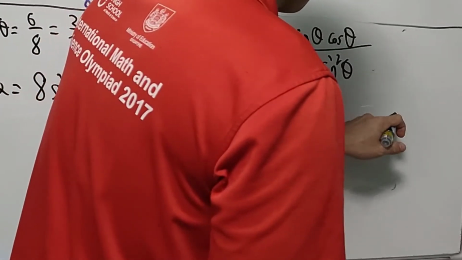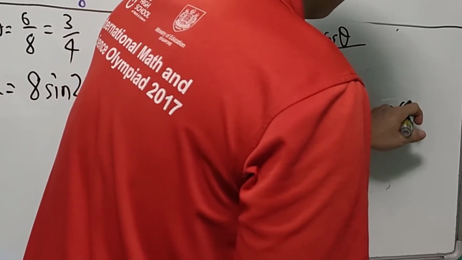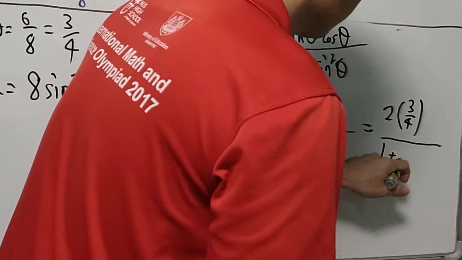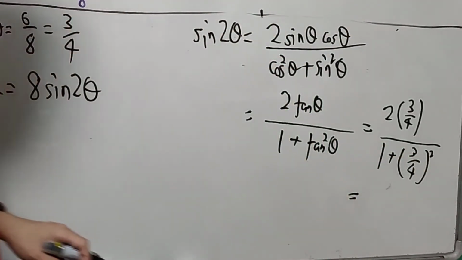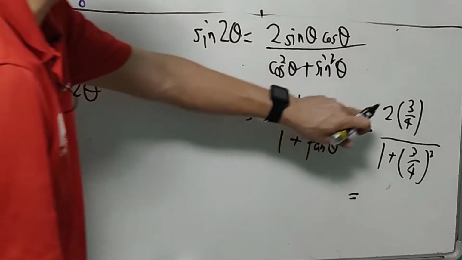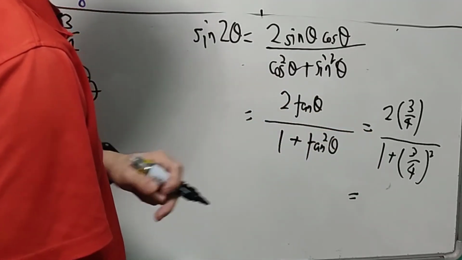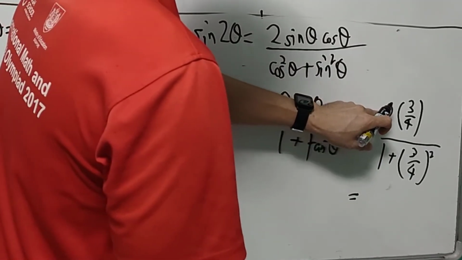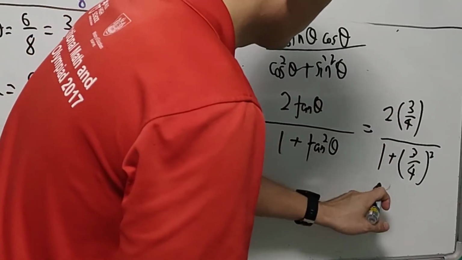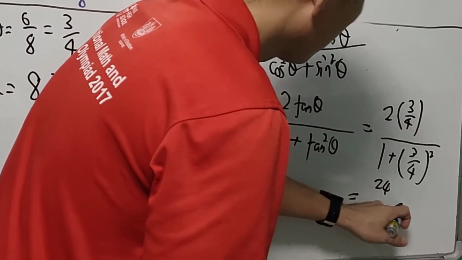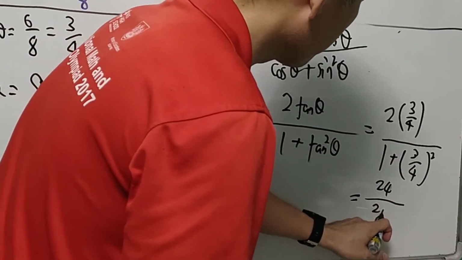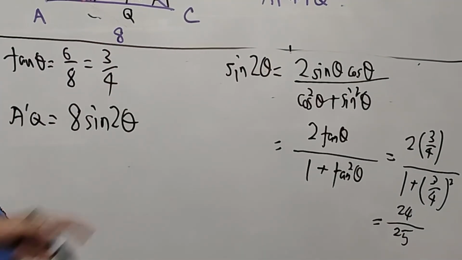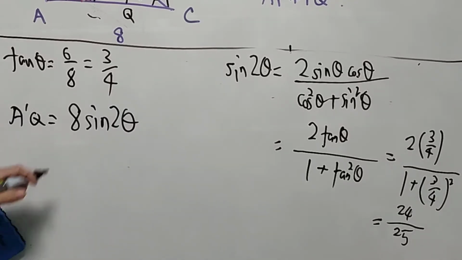Given tangent equals 3 over 4, this is 2 of 3 over 4 and 1 plus 3 over 4 square. Now we can multiply the numerator and denominator by 4 square. So 4 square cancels with 4, that is 24. And for this, 4 square plus 3 square, that is 25. So with this, sine 2 theta equals 24 over 25.